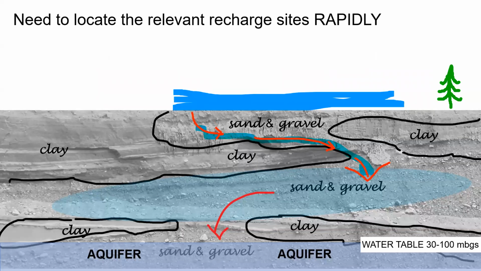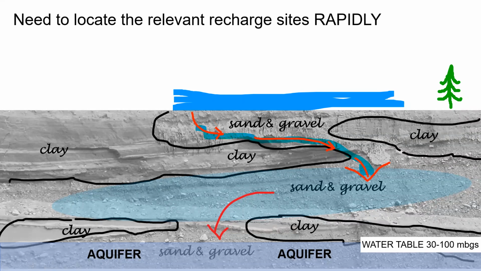And there are many other challenges, but what I'm going to focus on is this challenge. Say you have a subsurface system composed of clays and sand and gravel. If you pour the water here, what you really want in terms of recharge is to have the water percolate through what we call a fast pathway composed of sand and gravel, which is a coarse-grained material.